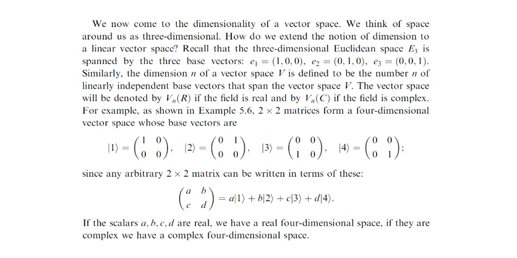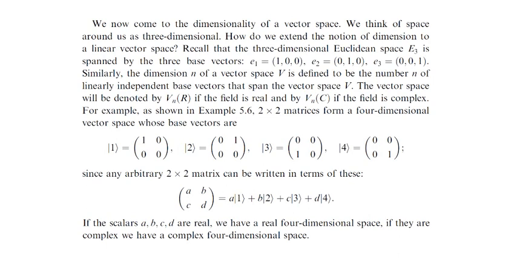Just before, we saw four matrices, vectors 1, 2, 3 and 4, and we saw that these four are linearly independent, and any matrix in the vector space M22 comprising all 2 by 2 matrices forms a four-dimensional space. Why? Because there are four linearly independent vectors in terms of which all matrices in the space can be expressed.